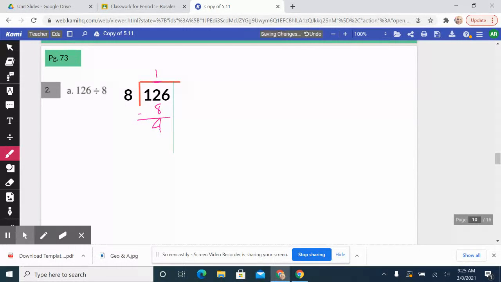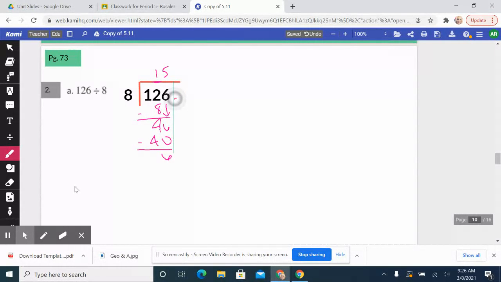And then I need to bring down my 6. Well, 8 goes into 46 5 times. 5 times 8 is 40. We subtract and we get 6. Well, I'm not done. I can't have a remainder. I need to keep going.